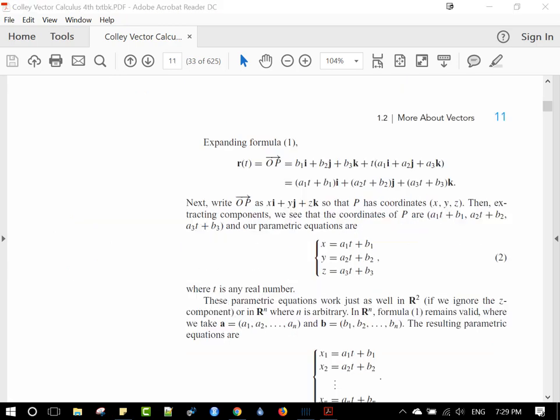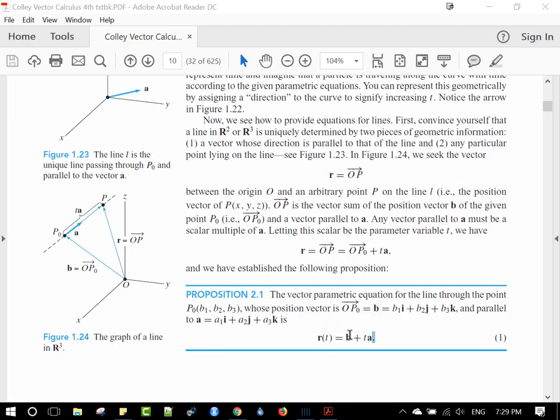If we expand that equation, we can write B as B1 i plus B2 j plus B3 k. B is equal to some combination of i, j, and k, and A is also equal to some combination of i, j, and k, so they're just going to write that out here.